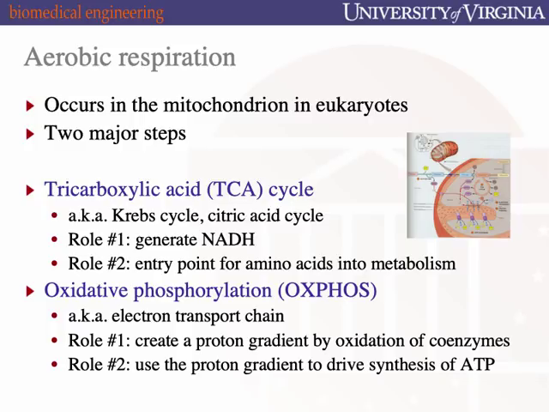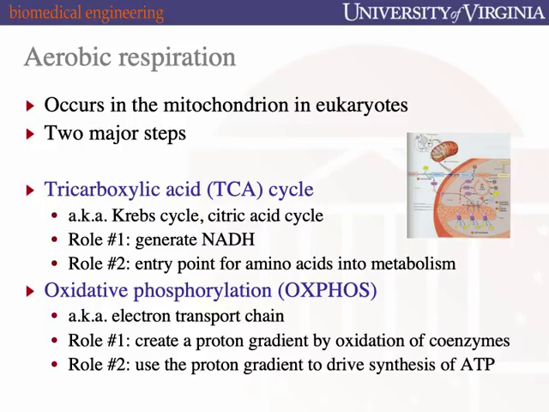It has a couple of other synonyms. It can be called the Krebs cycle, named after Sir Edwin Krebs, who discovered it, or the citric acid cycle. And the tricarboxylic and the citric acid will become obvious once we start talking about what's happening at the molecular level in this cycle. The TCA cycle has a couple of roles in metabolism.